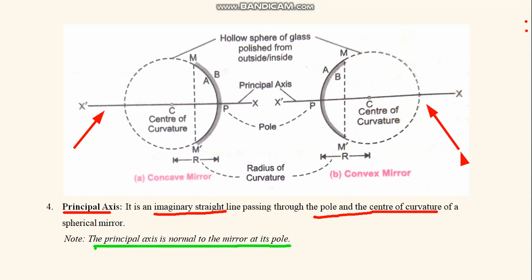Why so? This comes from our knowledge of mathematics. We know that any straight line passing through the center of a sphere and falling on the surface of the sphere forms a normal. So here, the principal axis is a line passing through the center of the sphere and falling on the surface of the sphere at point P. So this forms a normal to the mirror at its pole.